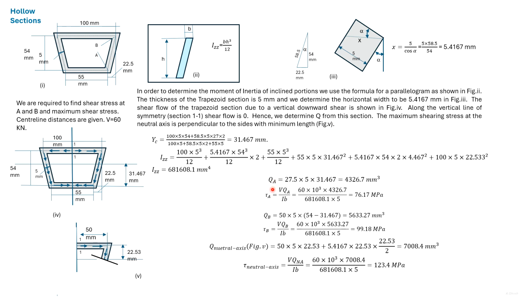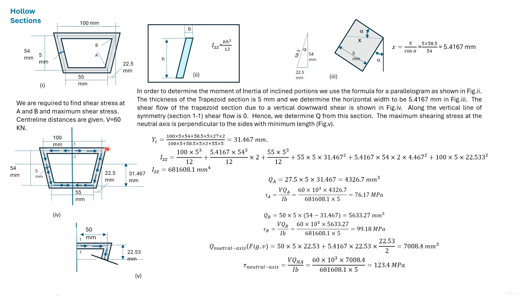Once we have QA, we can find the shear stress at A. We use the shear force given and the IZZ calculated, and the thickness here is 5 millimeter. So the shear stress at A is found out.